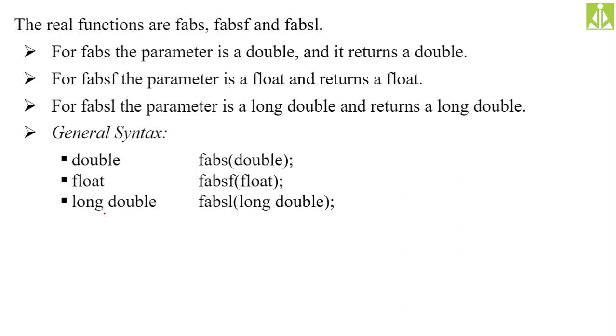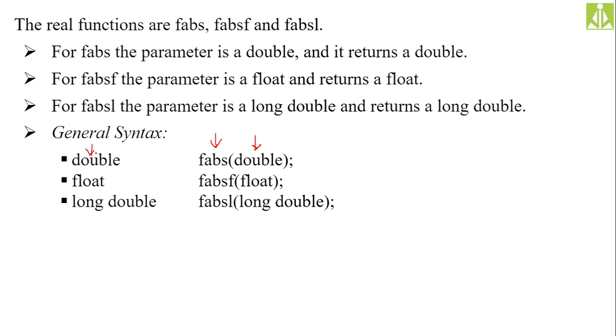So 3 floating point absolute functions also we have, which will operate on the floating point values. To operate on a double, FABS. If you use the function name FABS, it will operate on double. You can see the input is double and it will give the output also double.